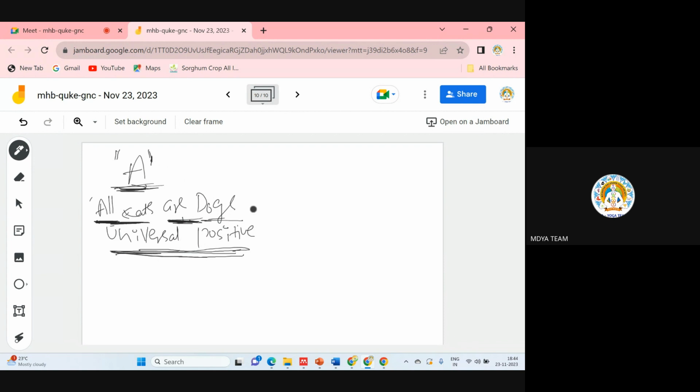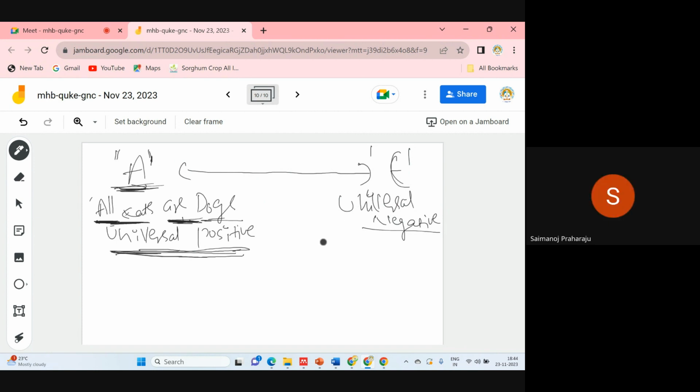The other one is universal negative. These statements are known as E-type statements. Can you give an example of this universal negative? No cats are dogs, probably.